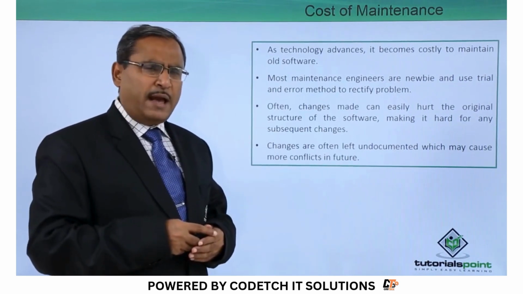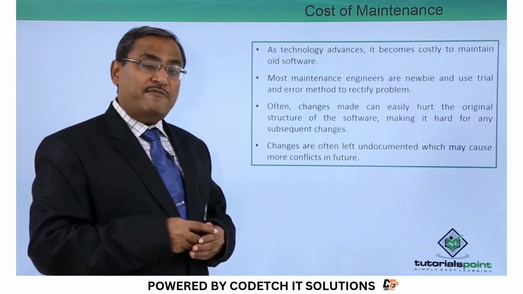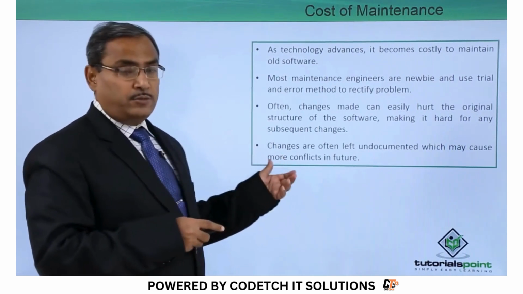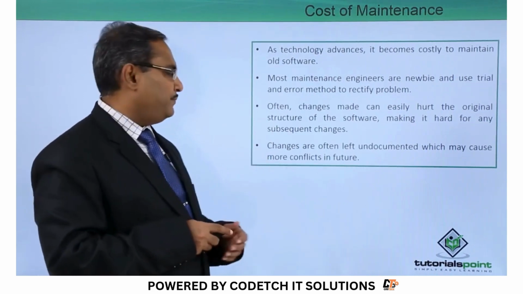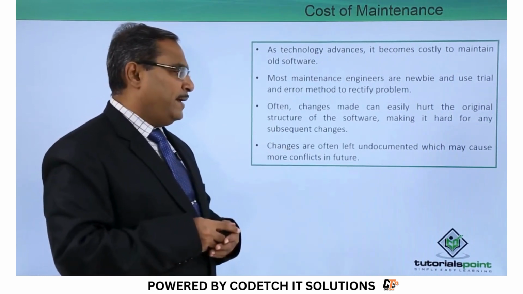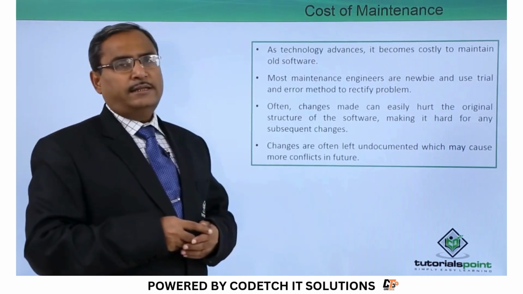Sometimes it may happen that whatever changes we are carrying out may also affect the software, and later it might be hard to implement other maintenance activities on the software. Changes are also often left undocumented, which may cause more conflicts in the future.